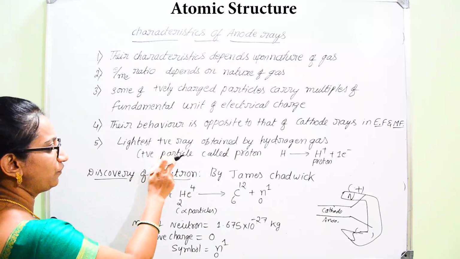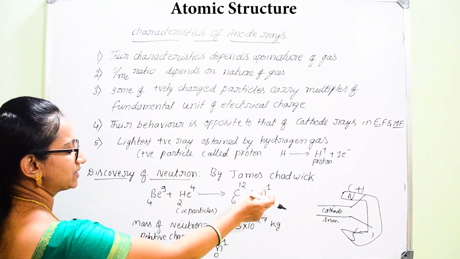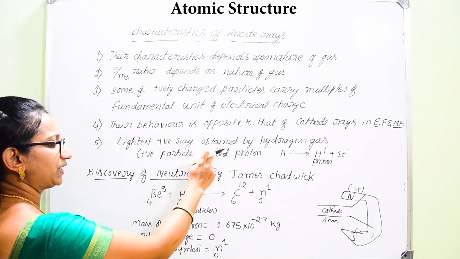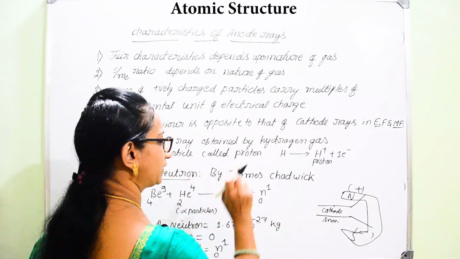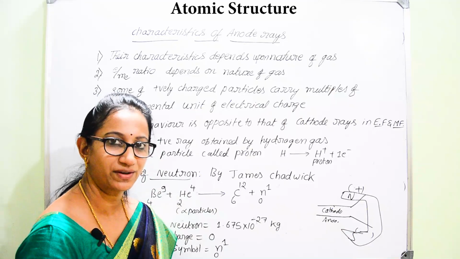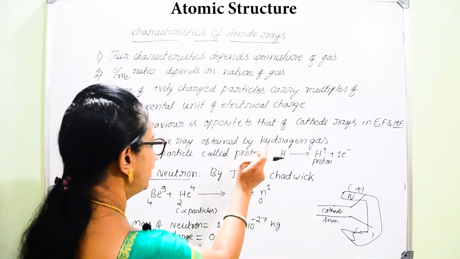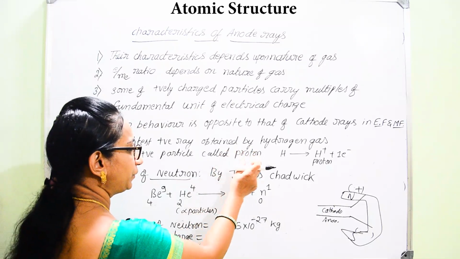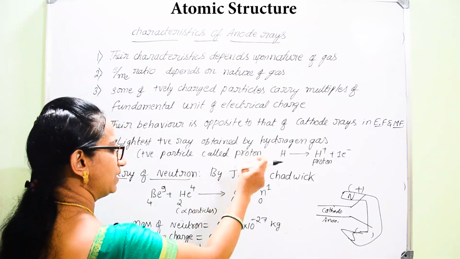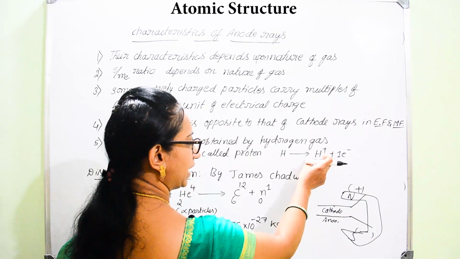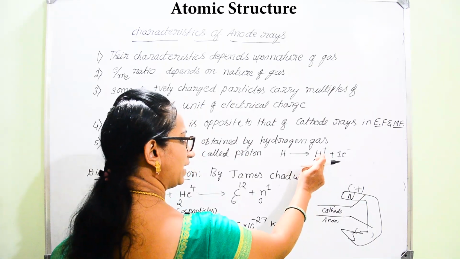And if you go for the mass of these positively charged anode rays, the lightest positive ray is obtained from hydrogen gas, which is the first element in the periodic table with a very light atomic mass. Hence, if you take hydrogen gas in the discharge tube, you are going to get the lightest positively charged anode ray particles, which is H+.